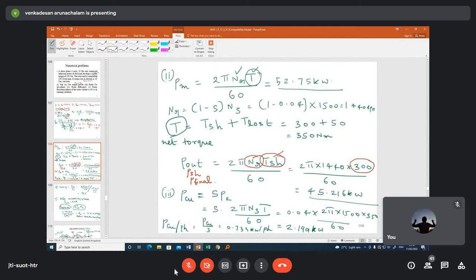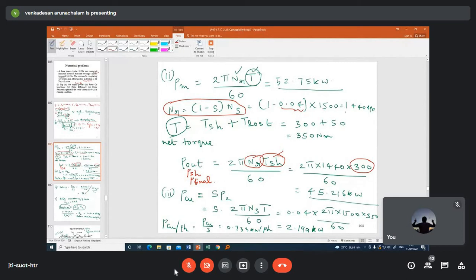So here we know the value of T shaft, that is 300, and rotor speed we do not know, that we need to compute. So the rotor speed can be computed using this formula. So Nr is equal to 1 minus S into Ns. Yes, already we have computed, that is 0.04. So 1 minus 0.04, synchronous speed, it is already computed, multiplied by 1500.